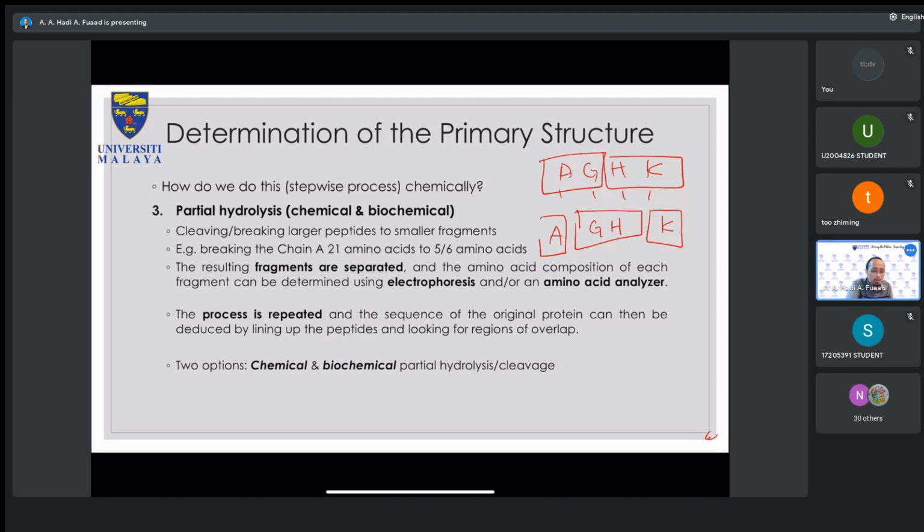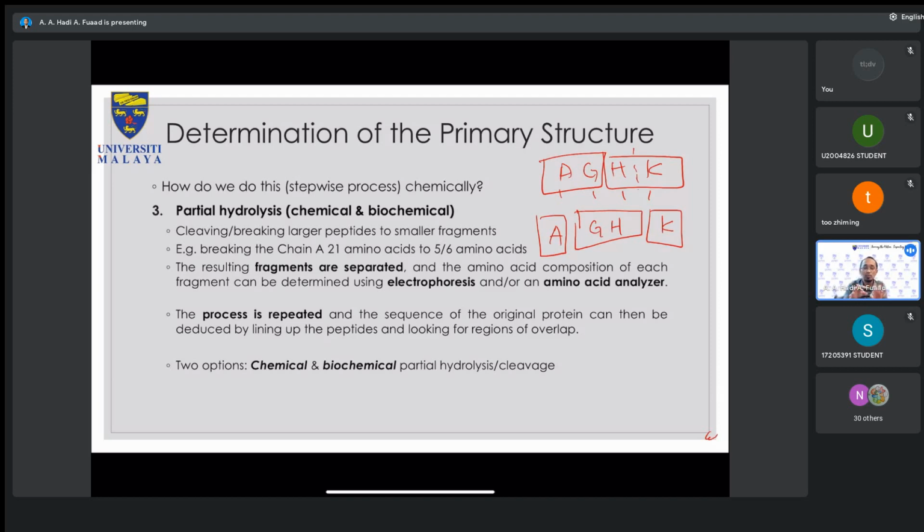Of course, you can have a more complex system where you have AG, H individually and K individually, but nonetheless, by having a partial cleavage, you can estimate that the mass of A and G combined tells you A and G are next to one another. And then you know H and K are next to one another, even though you do not know whether it's KH or HK, or AG or GA.